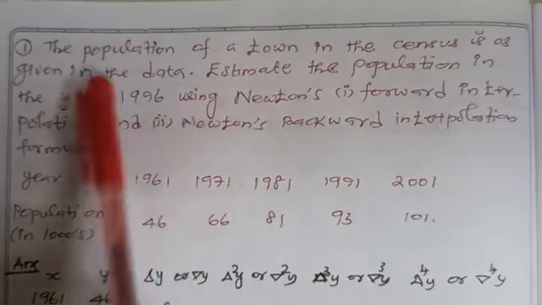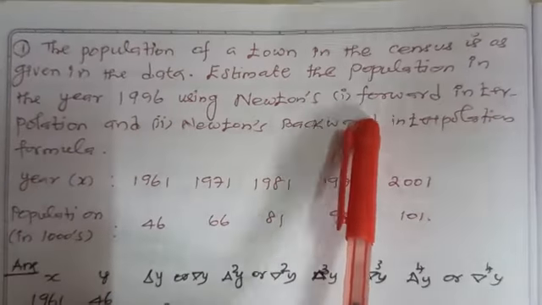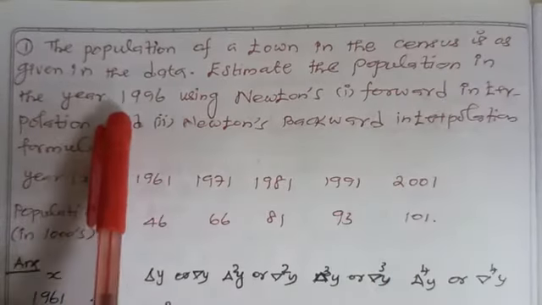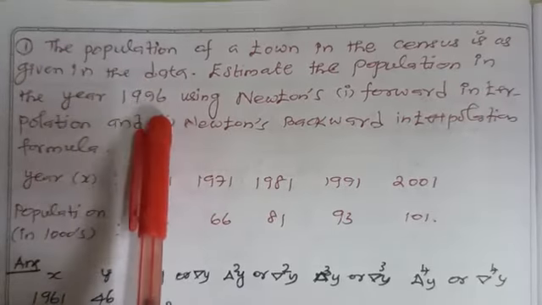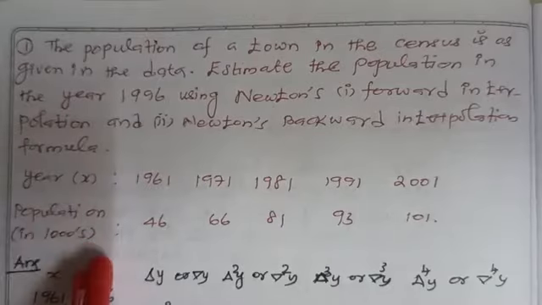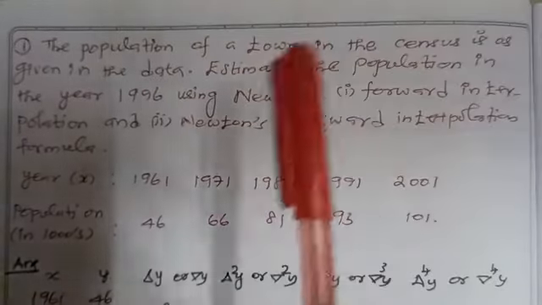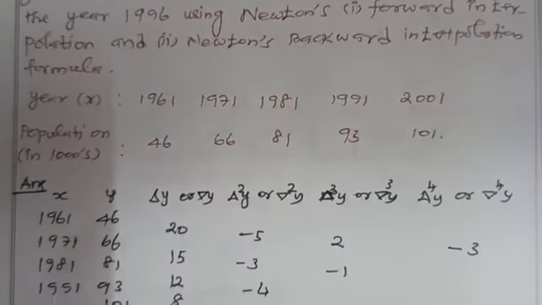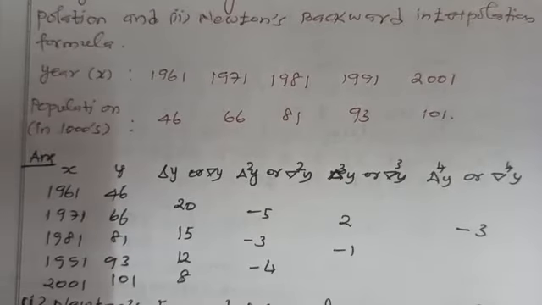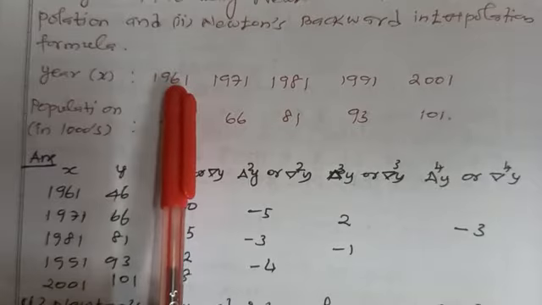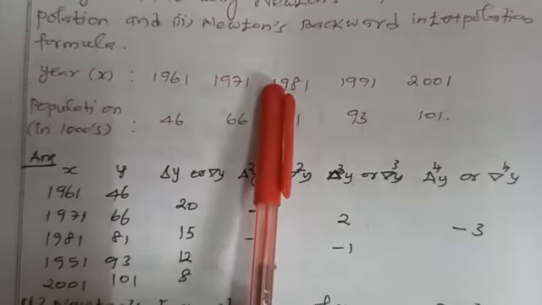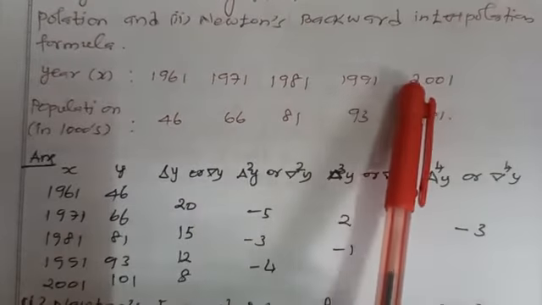This is the question. In 1996, what is the population? The given x values, the years, are 1961, 1971, 1981, 1991 and 2001.